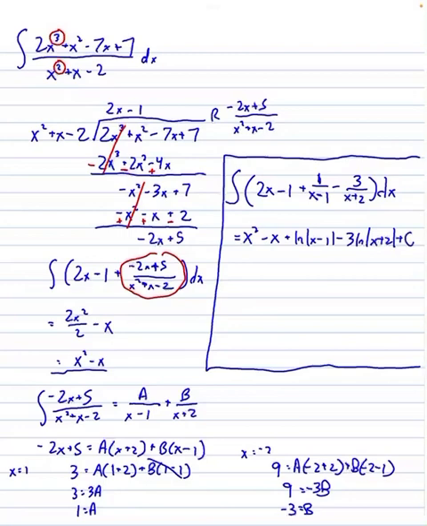So remember, the degree of x was higher in the numerator, so we should start the decomposition by long division. Then we get our quotient, which is 2x minus 1 plus negative 2x plus 5 over x squared plus x minus 2. We see that the 2x minus 1 we're going to be able to integrate fairly easily.